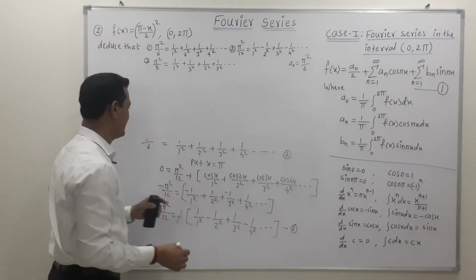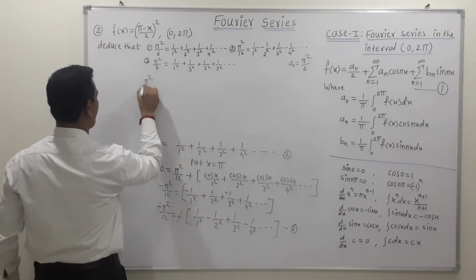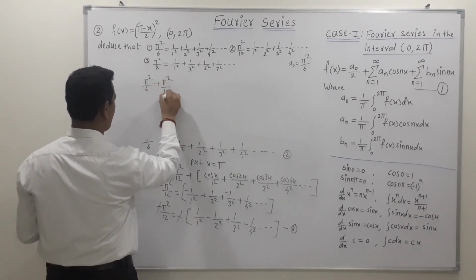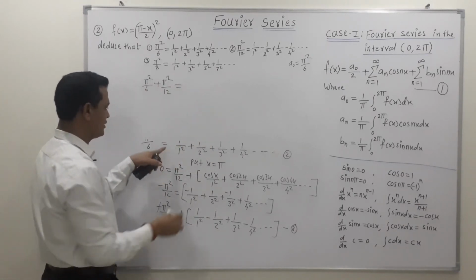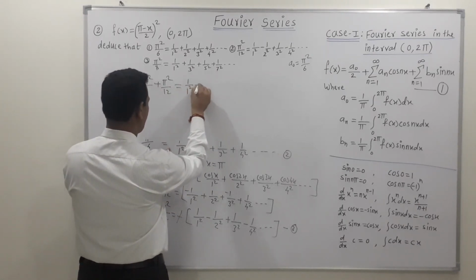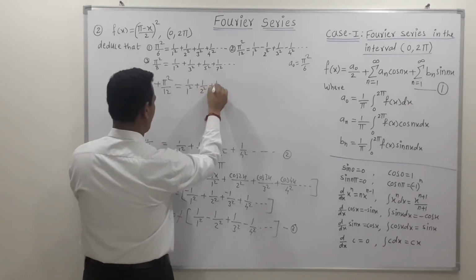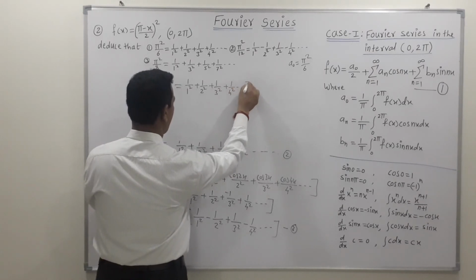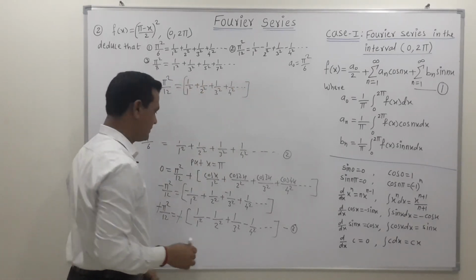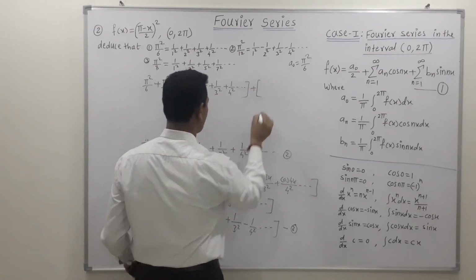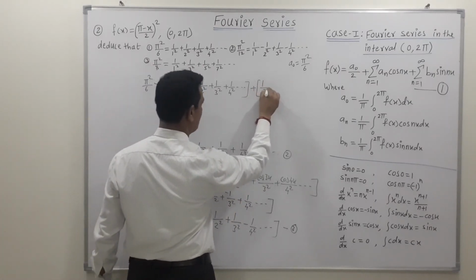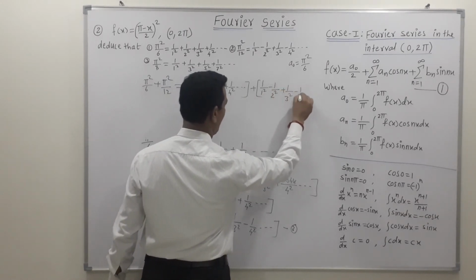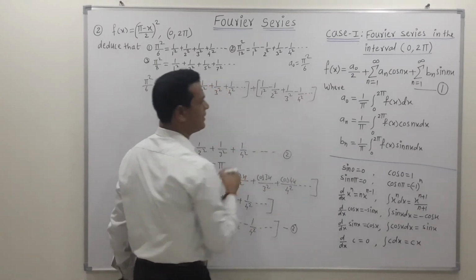If we add the second and third equations, then we get pi square upon 6 plus pi square upon 12 is equal to the addition of these terms: 1 upon 1 square plus 1 upon 2 square plus 1 upon 3 square plus 1 upon 4 square and so on. This is the first term, in addition with the second term: 1 upon 1 square minus 1 upon 2 square plus 1 upon 3 square minus 1 upon 4 square and so on.